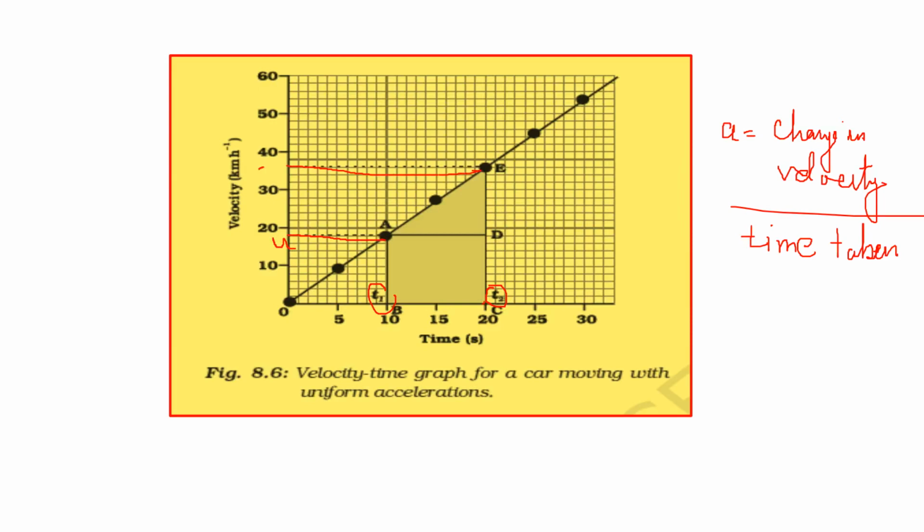So change in velocity is v2 minus v1, and time interval is t2 minus t1. Now here v2 is v and v1 is u. Time is t2 minus t1.